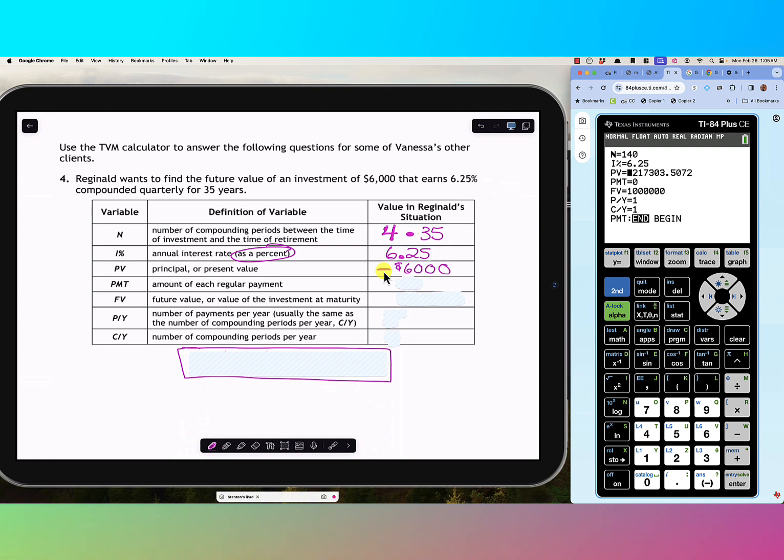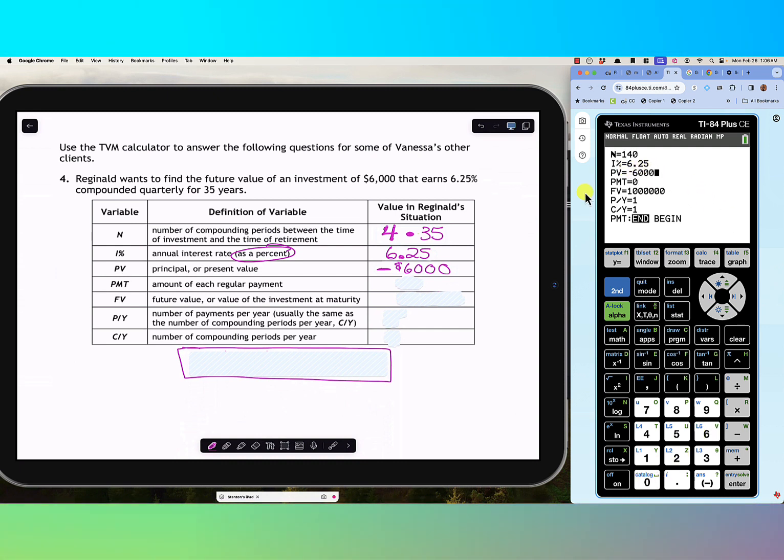In this case, the present value is negative 6,000. That's because we know the amount she's going to invest at the beginning. $6,000 is leaving her pocket, going into the bank account. So that's negative 6,000. On the TVM solver, let's clear out the old value there and type in negative 6,000.